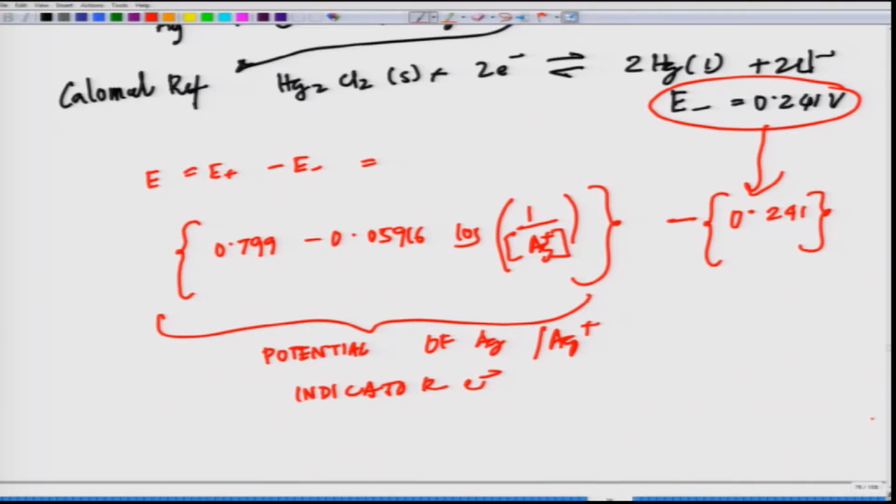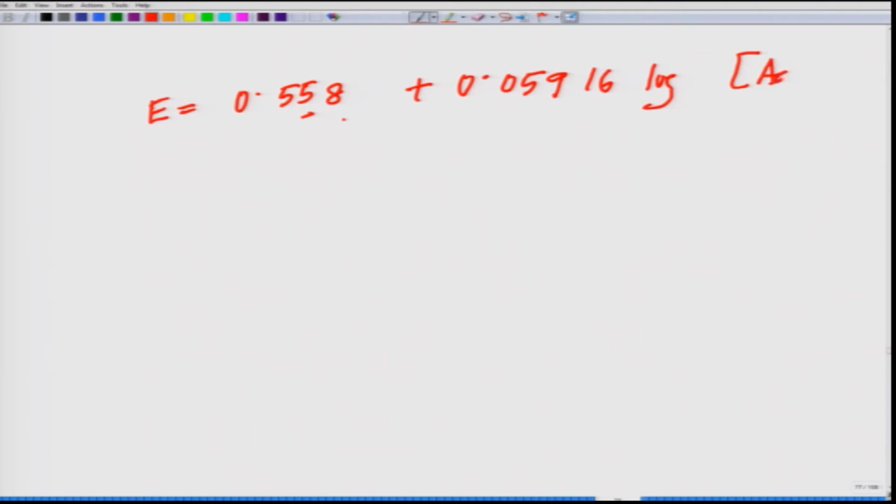So, now if you calculate, E is equal to 0.558 plus 0.05916 log Ag plus.